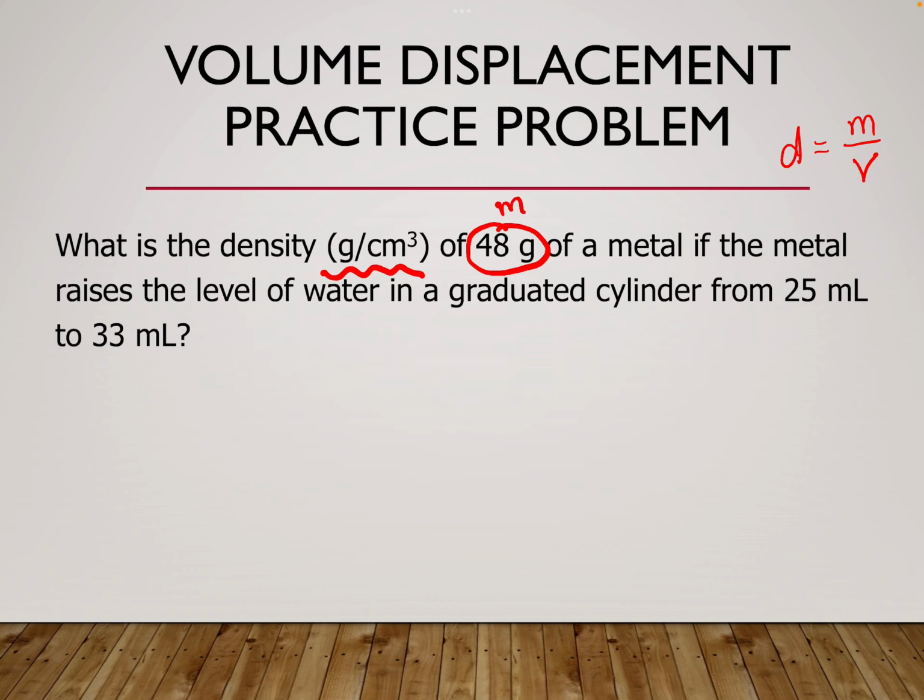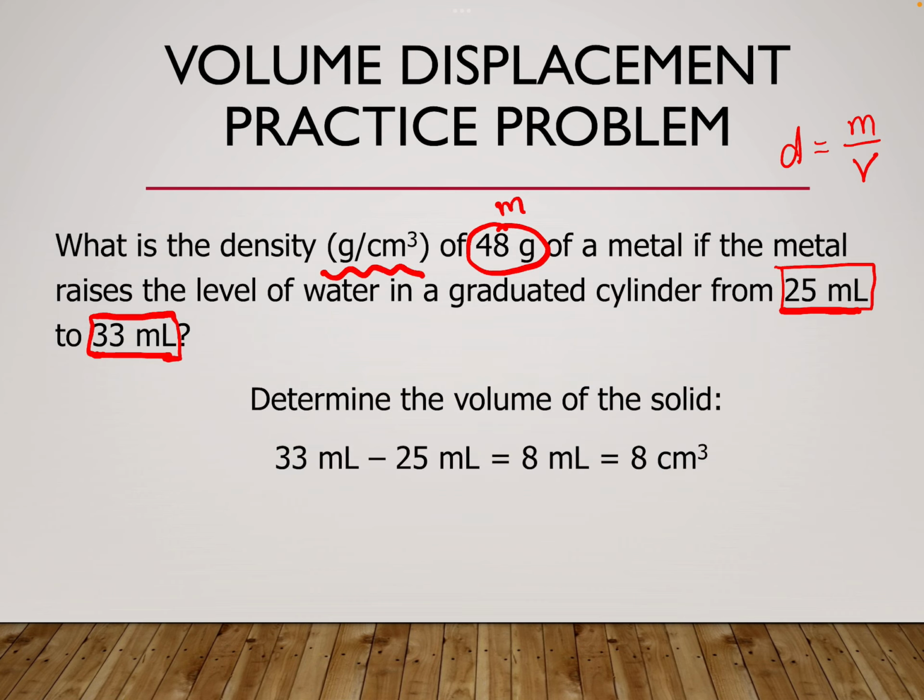That's our mass. But we need to figure out the volume. Do you see that we have 2 different volumes here, 25 milliliters and 33? That's telling you that we started with 25 milliliters, and then we added our metal, and the water level rose to 33 milliliters. So in order to figure out the volume of the solid, we just subtract them.